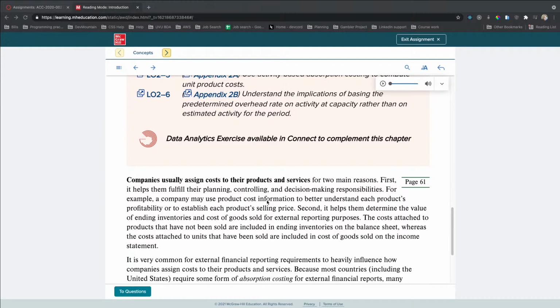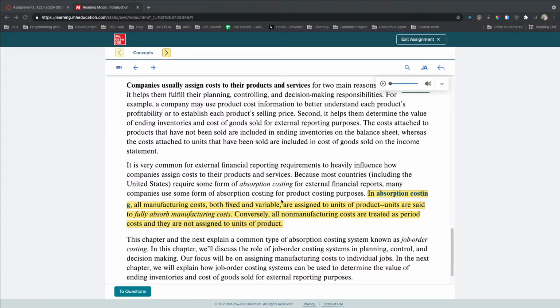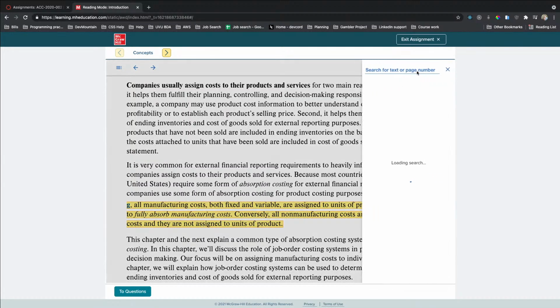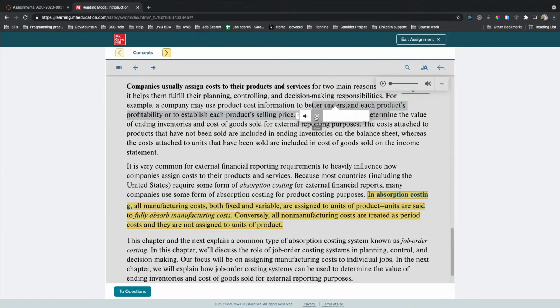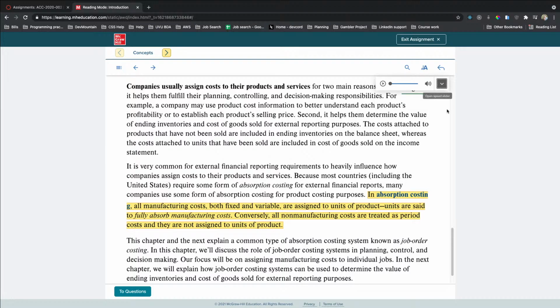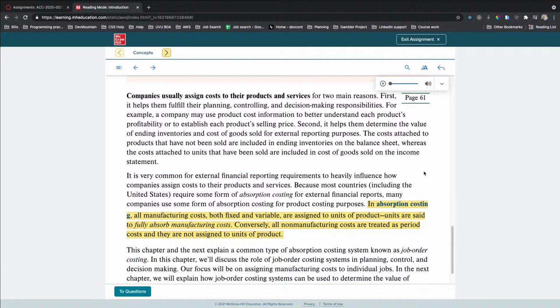First, it helps them fulfill their planning, controlling, and decision-making responsibilities. For example, a company may use product cost information to better understand each product's profitability or to establish each product's selling price.